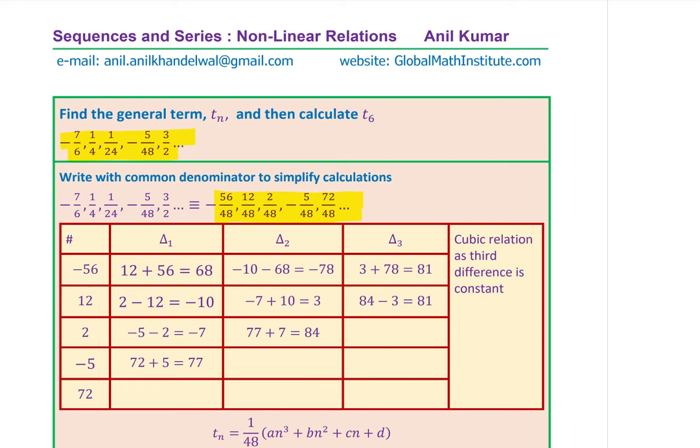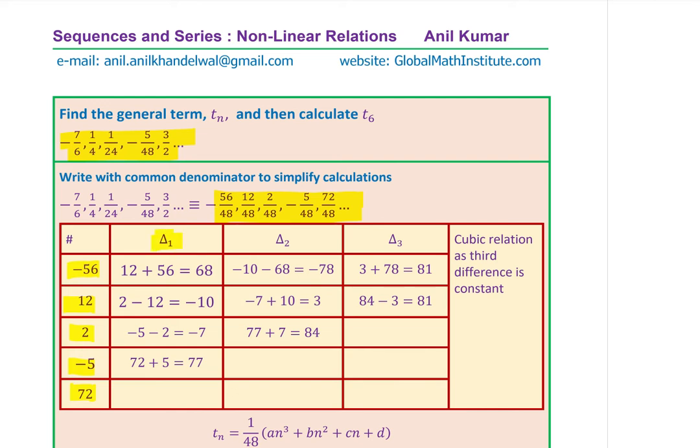So now the numerators are 56, 12, 2, minus 5, 72, as we just saw. We'll analyze these numbers: term number 1, 2, 3, 4, and 5, which are given to us, we have written them as integers, and then we're finding the first difference.